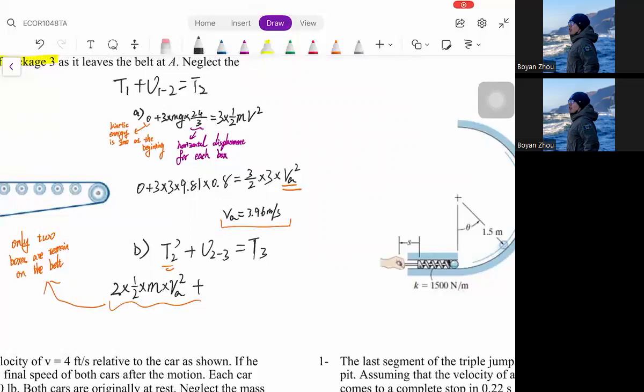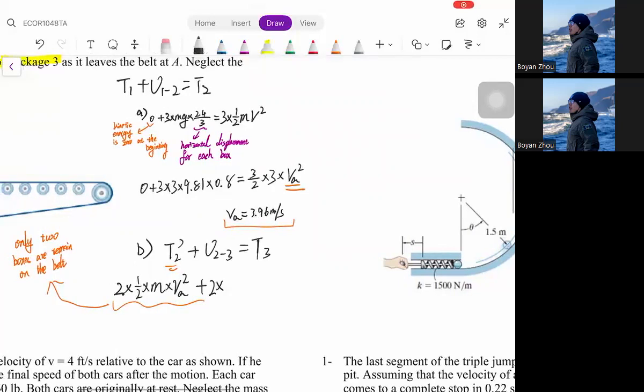And the work done by the external force is going to be the same as before. But now, since we only have 2 boxes, it's going to be 2 times the gravity times the height. And they're equal to the same thing, 2 times half mv_B squared.